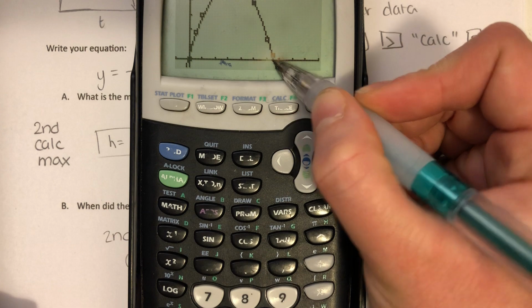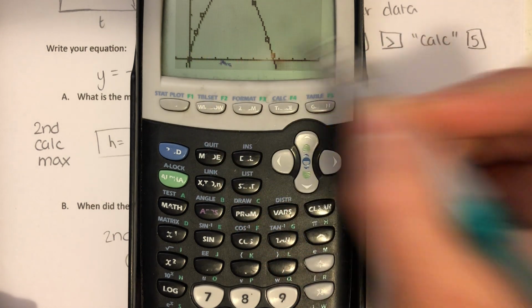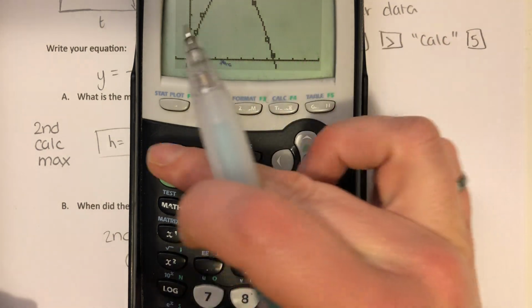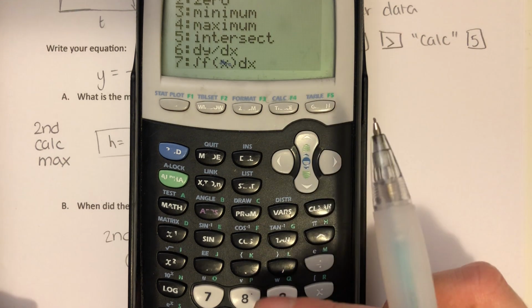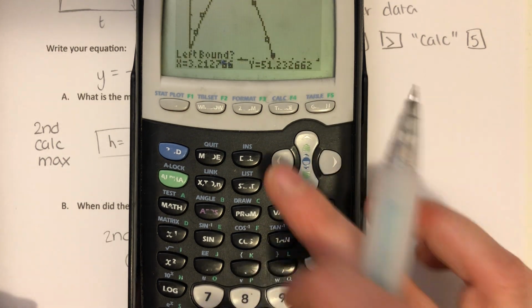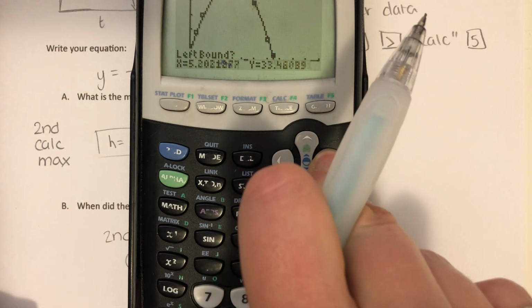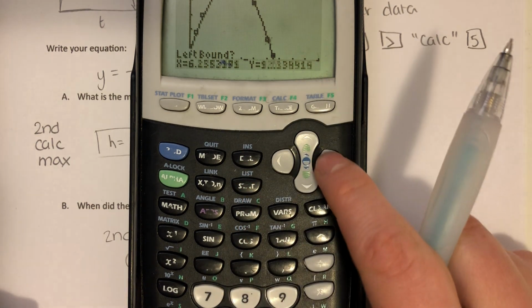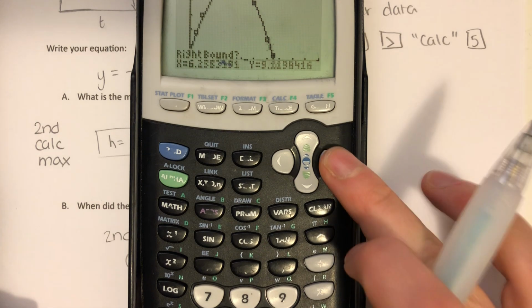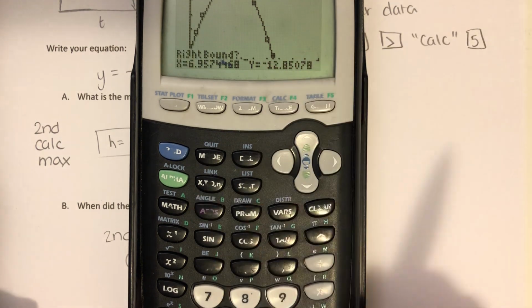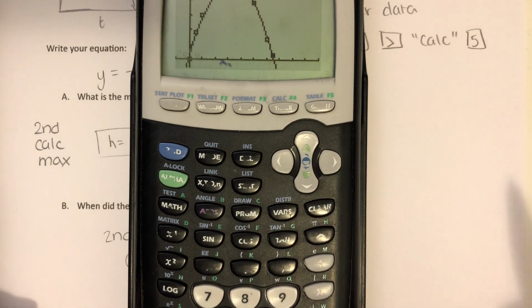Where it hit the ground, how long that took, is going to be the x-coordinate of my x-intercept. So I go second calc 0. And this is why I gave myself a little bit below that x-axis. My y region goes into the negatives so that I can actually get down into the negatives.